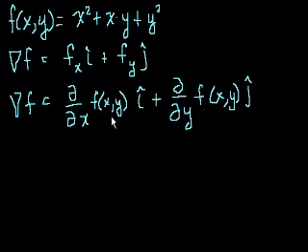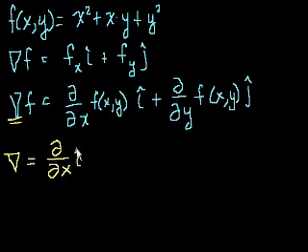And because of this notation, a lot of people view this del operator, and this is pretty consistent when we learn about the divergence and the curl, they actually define it. They say that it is equal to the partial with respect to x in the i direction plus the partial with respect to y in the j direction.